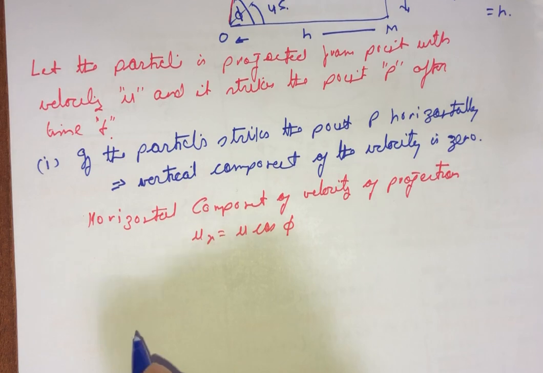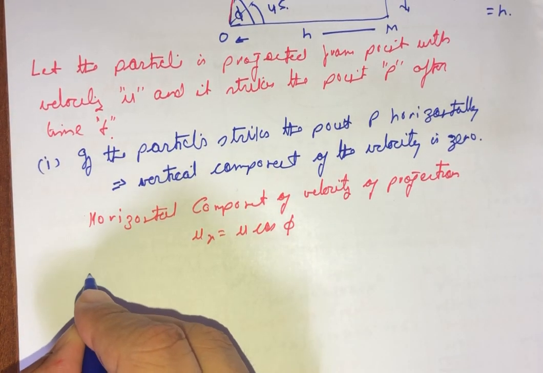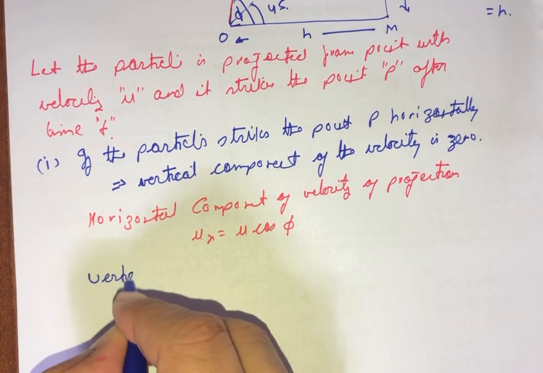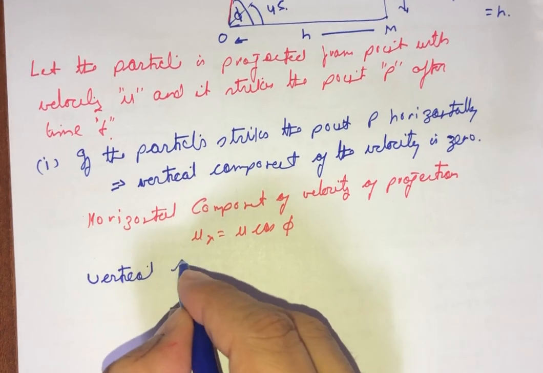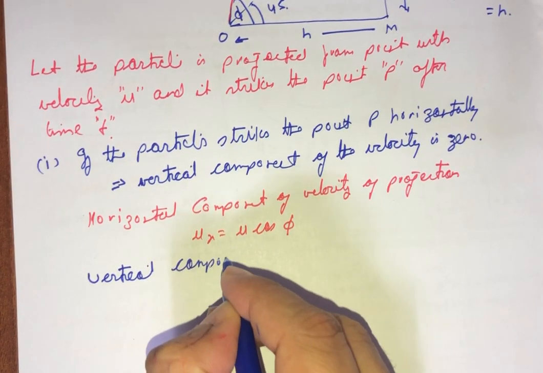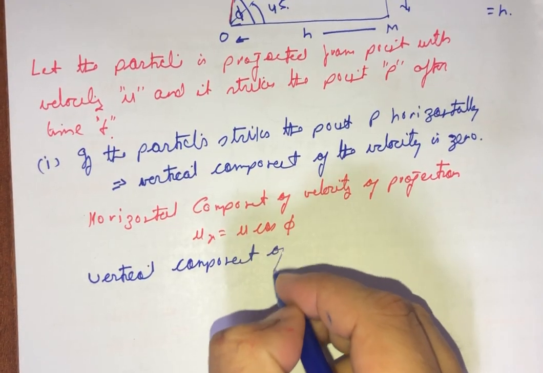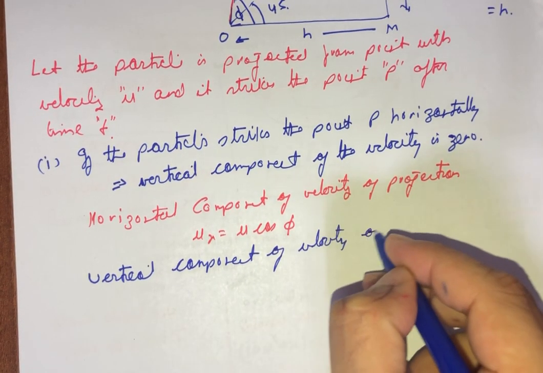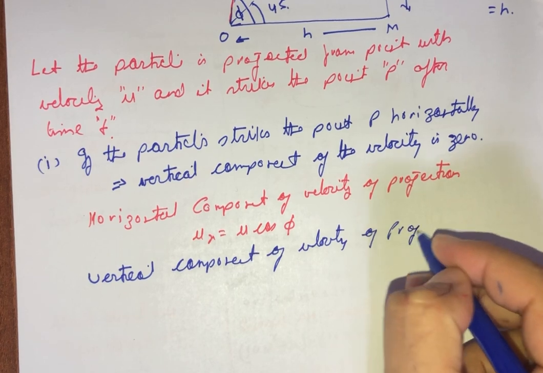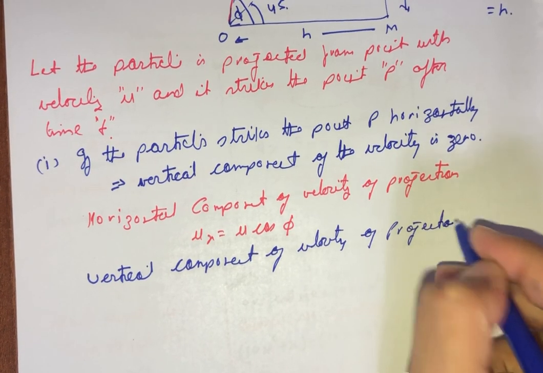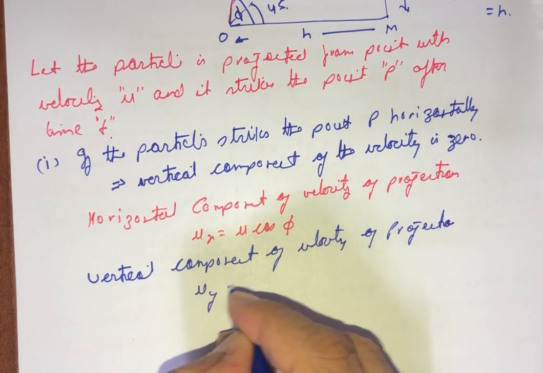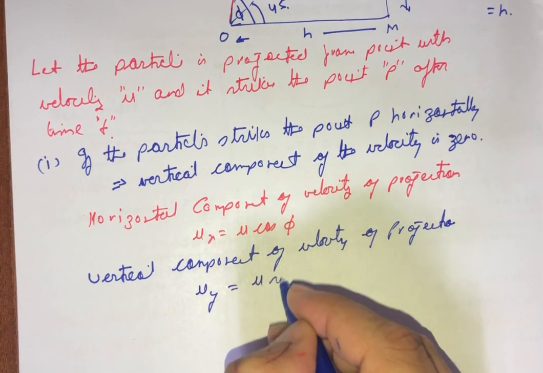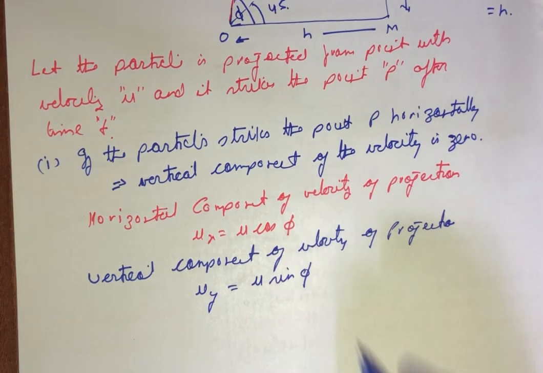Similarly, we can find out the vertical component of the velocity of projection. We can write that uy is equal to u sine of phi.